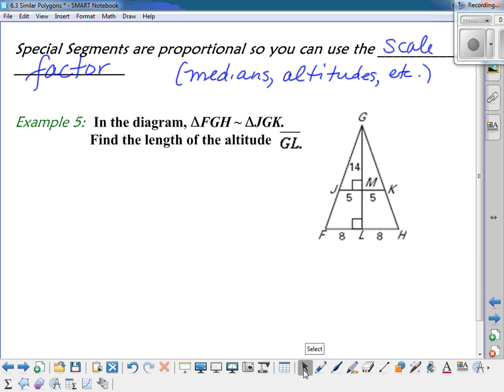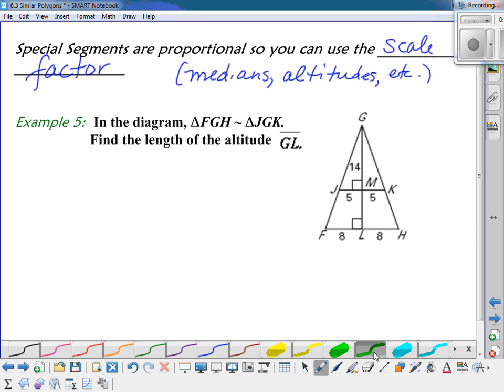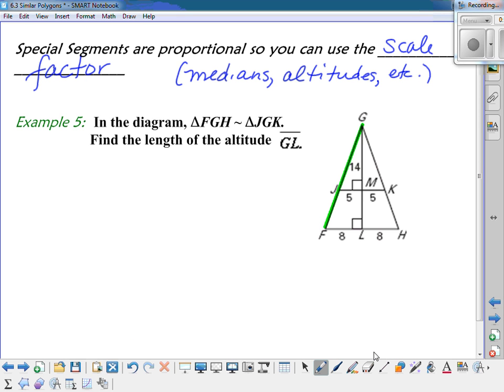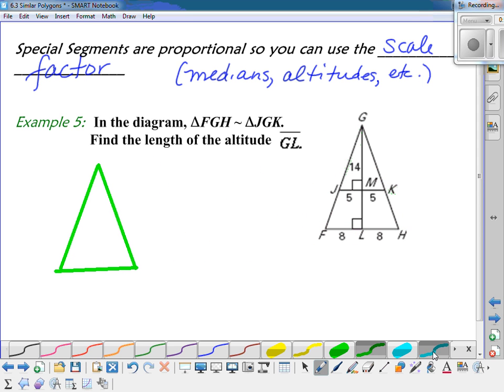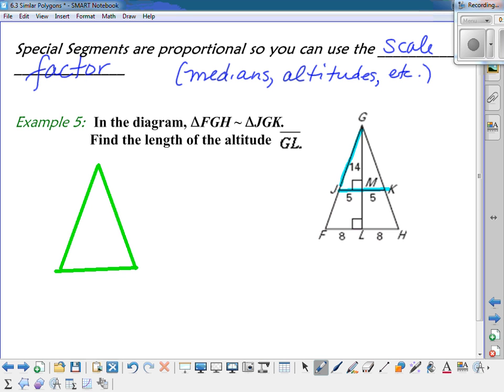So first of all, let's see which triangles I'm talking about. FGH is the larger triangle, so I'm going to go ahead and move that over here. And then JGK is the smaller triangle, so I'll move that over here.